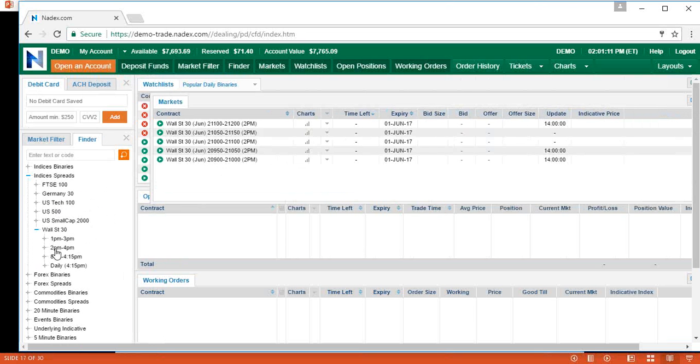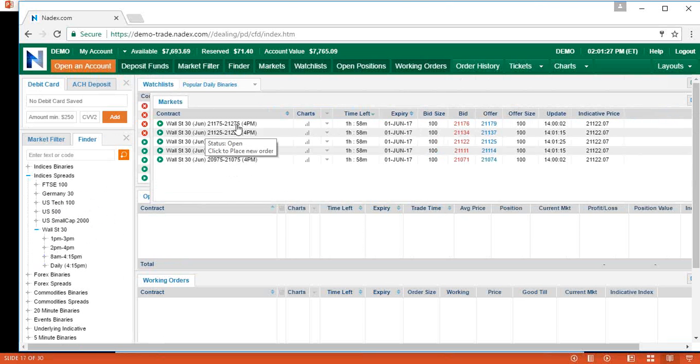Now, here in just a second, it's going to be 2 p.m. And we're going to have some spreads that go from 2 p.m. to 4 p.m. Okay. So these spreads from 2 to 4, they just opened up, right? And we've got floors and ceilings. Well, how does this work? How are the floors and ceilings determined?